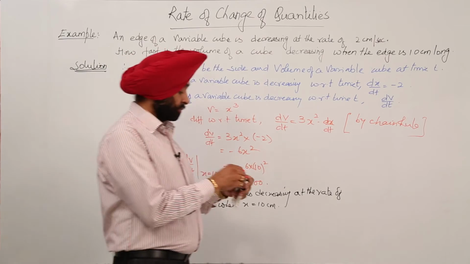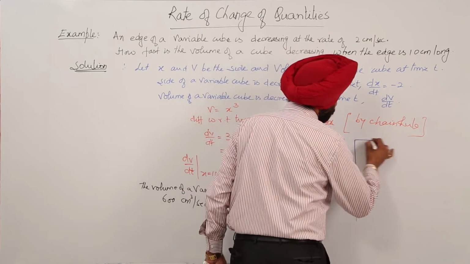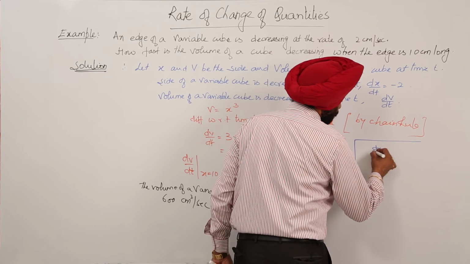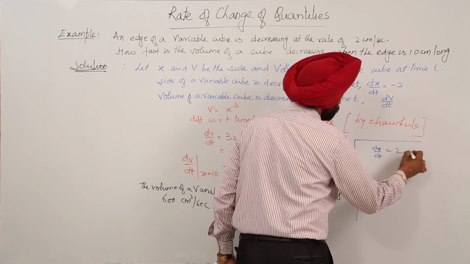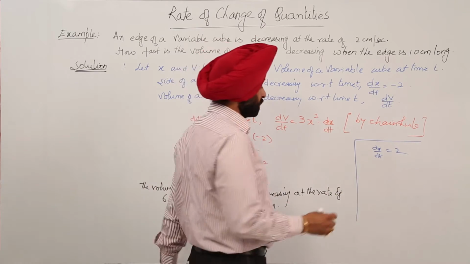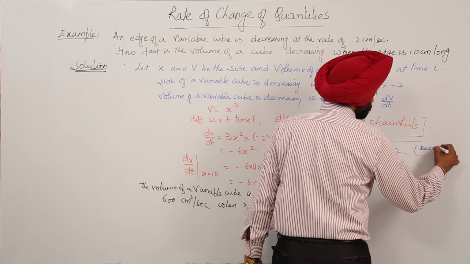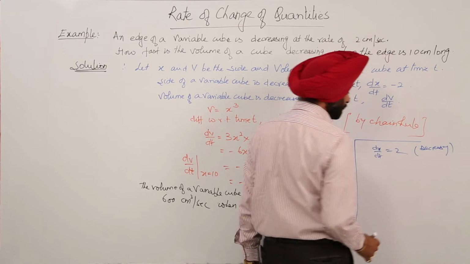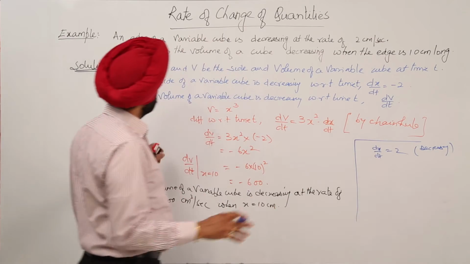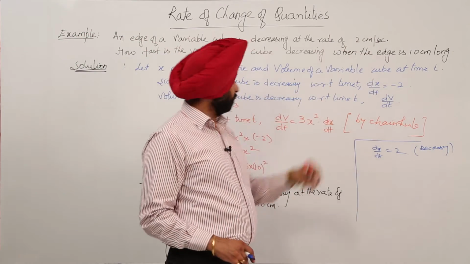Okay, so now just look here, we can write it. We have now dx by dt is equal to 2. I wrote negative of 2, now I am writing only 2. Okay, and this is what we already know, the side is decreasing. Same statement you are writing: let x and V be the side and volume of the variable cube at time t.